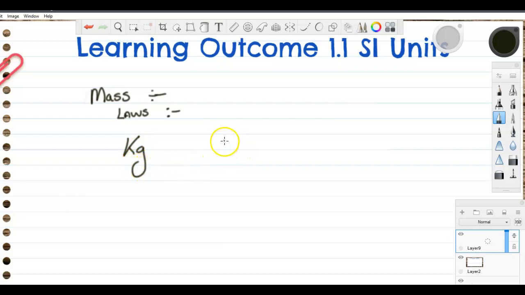And just a point of note, 1,000 kilograms is equal to 1 metric ton, or as my teachers used to say, to annotate the difference, 1 tonne.